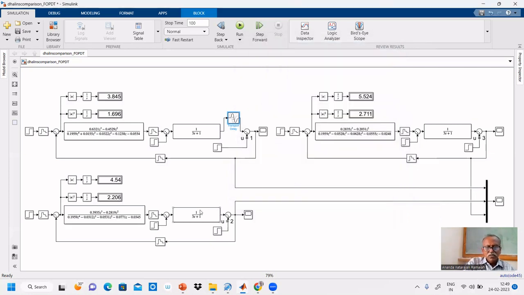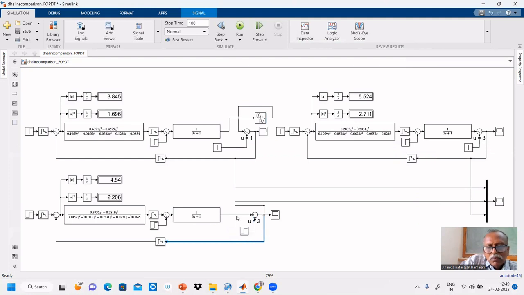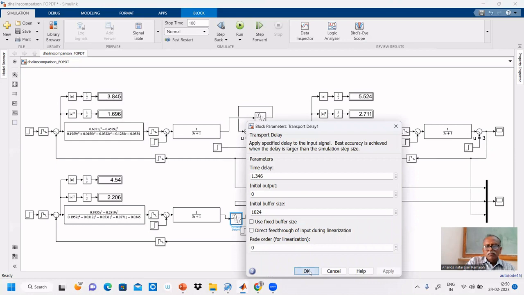So in that case, here also we have to include 1.346 dead time.